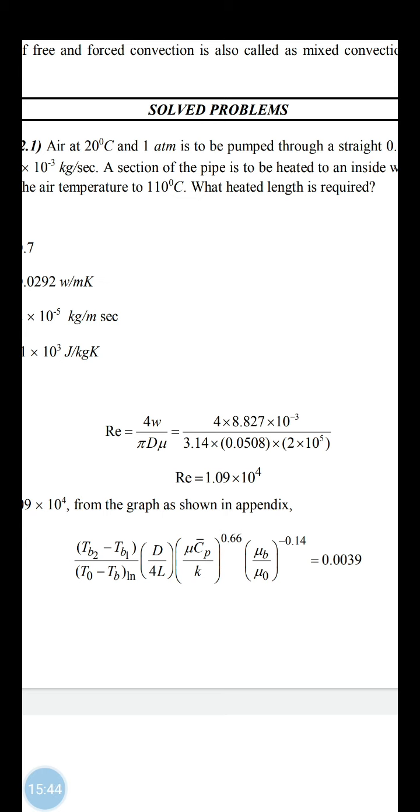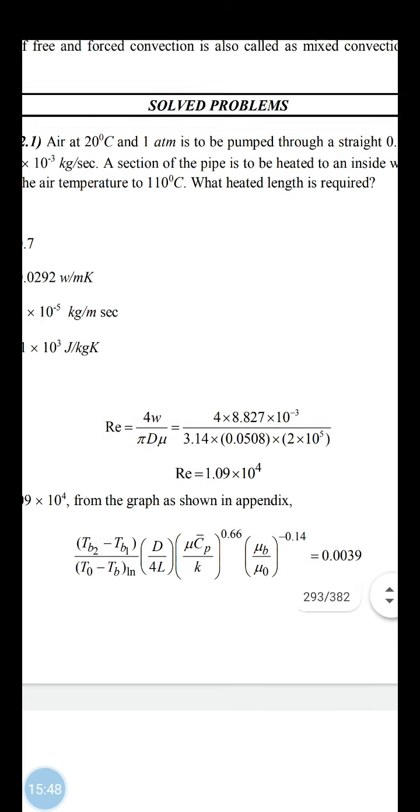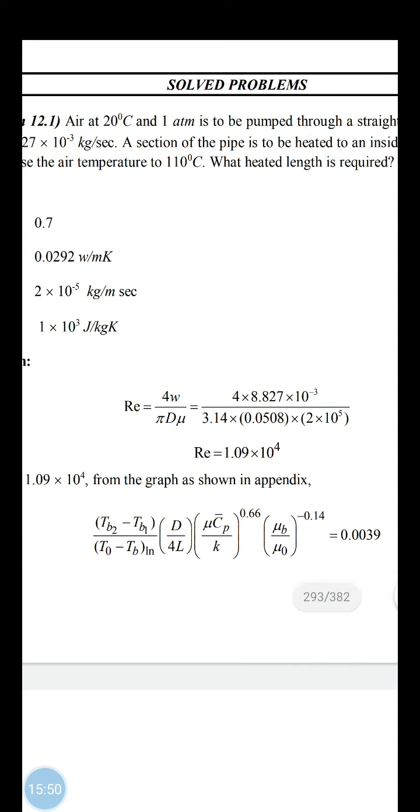Then you have to go to the graph that we studied earlier, and from that graph you can find out the y-axis, (Tb2 minus Tb1) upon (T0 minus Tb)ln, times d by 4L, times (μ Cp by k) raised to 0.66, times (μ by μ0) raised to minus 0.14, which is equal to 0.0039.